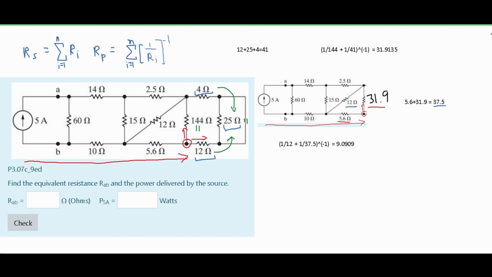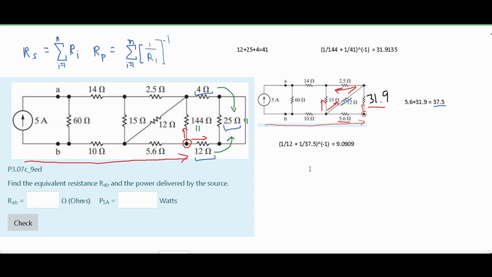We can show this if we combine all of our resistance here. It's basically going to be this resistor right here, this 12 ohm resistor. We're moving everything into this resistor. And if we run our current through it, we can see that it goes up this way, and then it goes through this way. And then it goes up here, and then back this way. That's why it is in series.